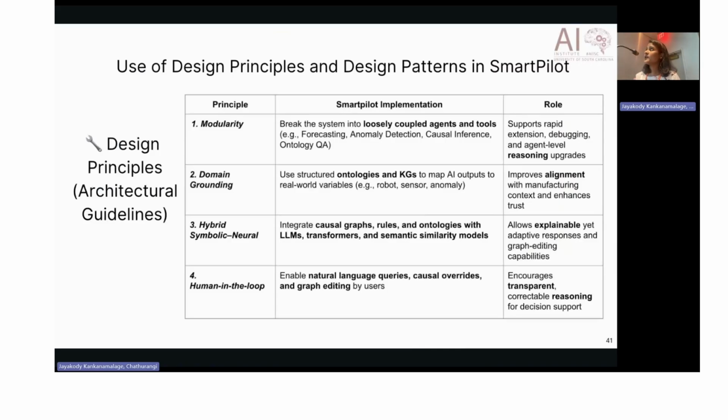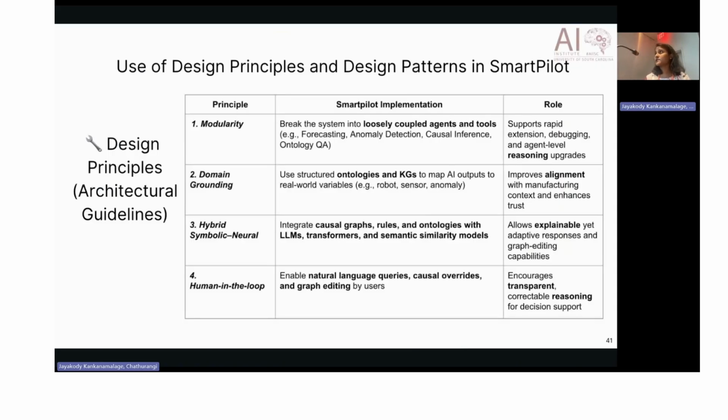And then we use sources like ontologies and knowledge graphs for domain grounding purposes, which has let us map the AI outputs into real-world variables like robots, sensors, anomalies, things like that. So this has improved the alignment of our system with the manufacturing context, and it is able to enhance the trust between the user and the system.